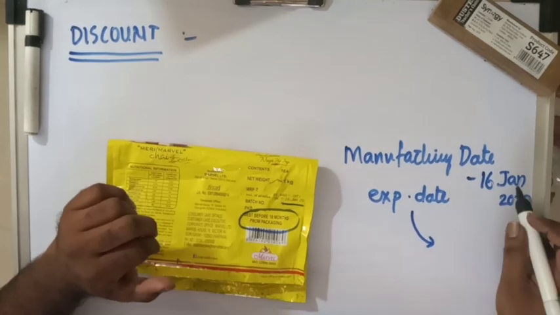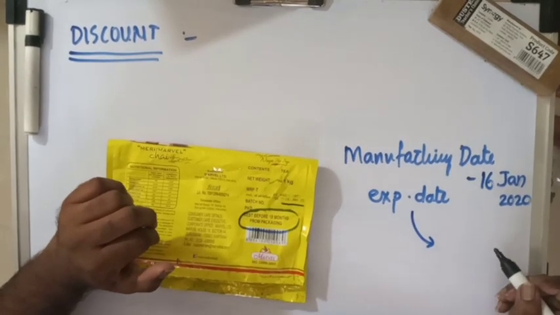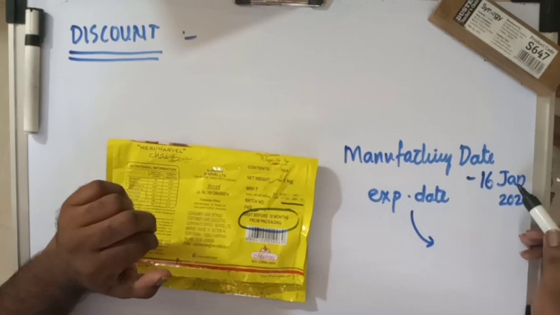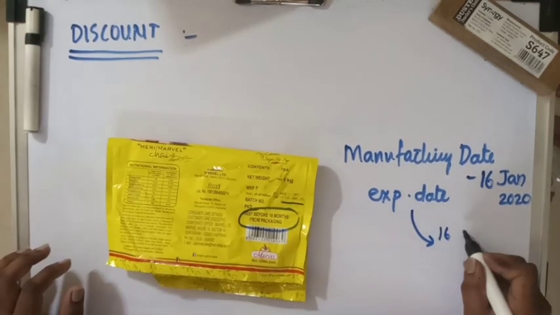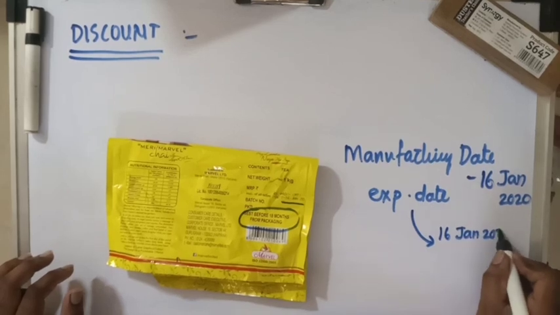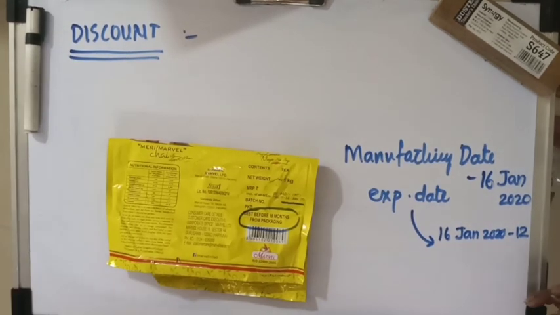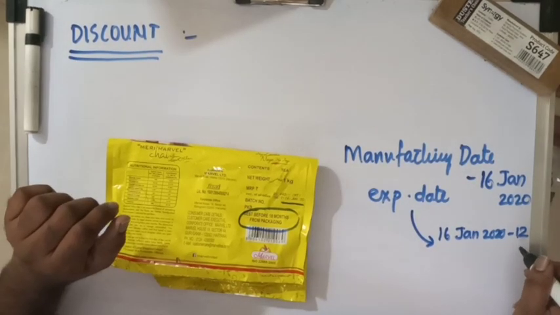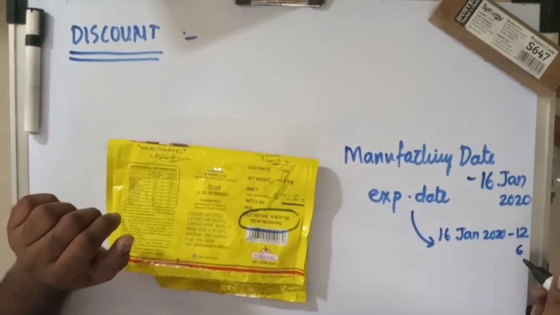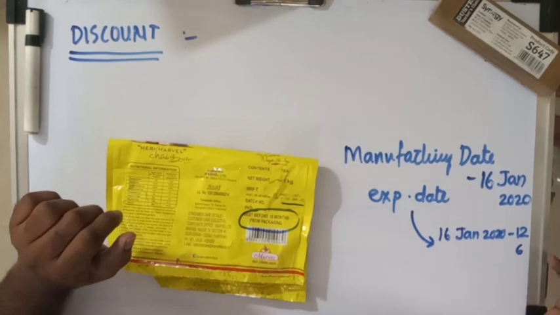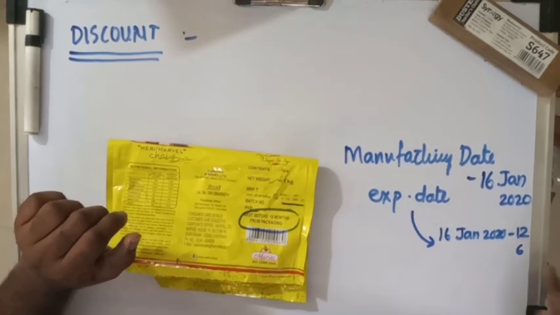So here 18 months means, say from 16 Jan 2020, it becomes 12 months. Okay, so you need to add 6 more months. So from Jan you calculate 6 months, I think it's June.